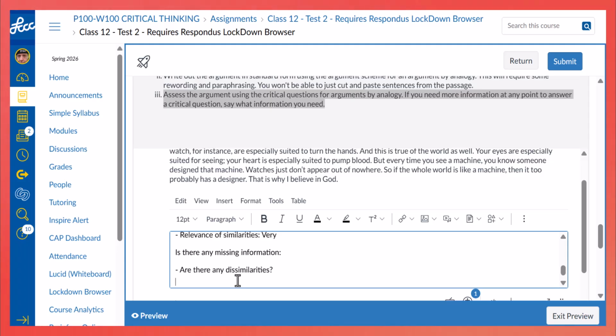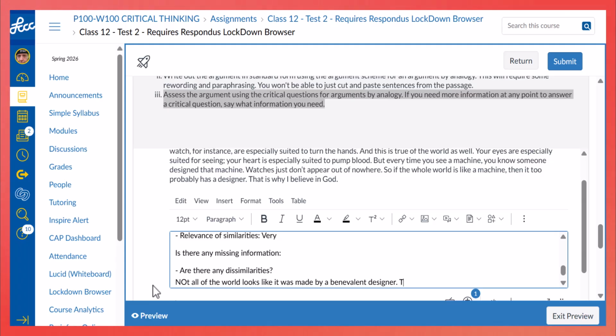I'm just going to make this shorter. Not all of the world looks like it was made by a benevolent designer.